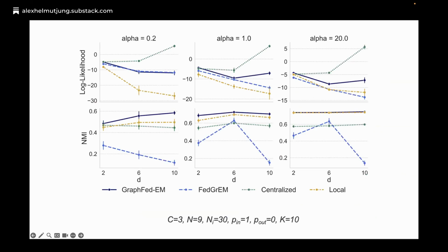When you look at the log likelihood, we can see that although centralized training gives us quite nice, the highest log likelihood, these cluster assignments are not exactly correct. And this is one confusing thing about the EM-based algorithms: what we are optimizing is the log likelihood loss, right? But sometimes we are not necessarily interested in the values of log likelihood.